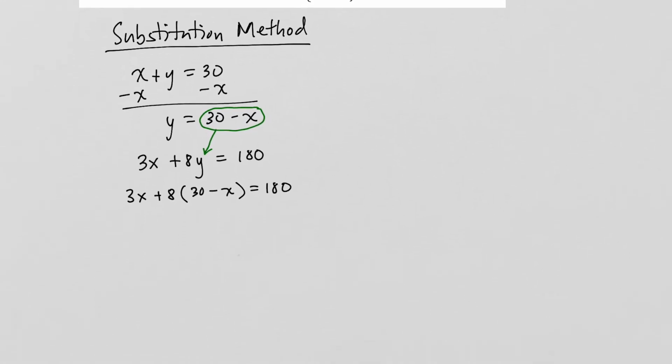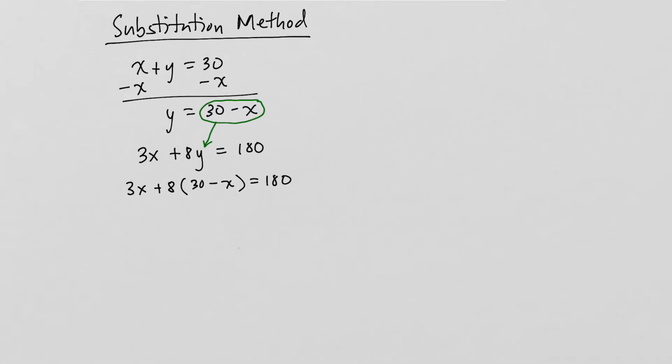And from here, I just solve this equation. So we have 3x plus 8 times 30 is 240. 8 times negative x is negative 8x. Then we can combine like terms. 3x take away 8x is negative 5x.